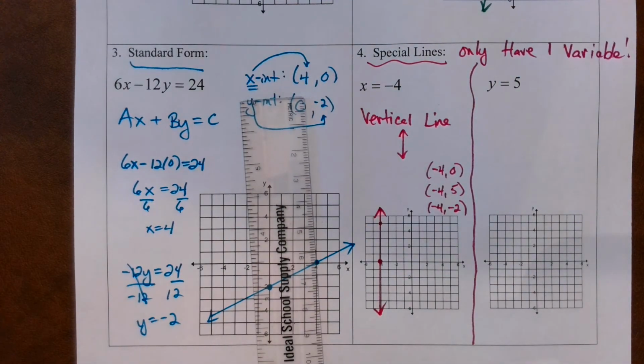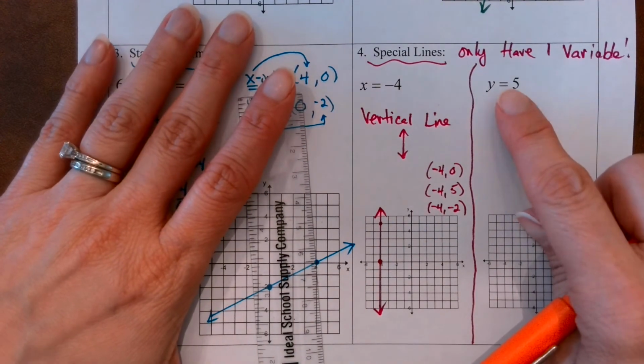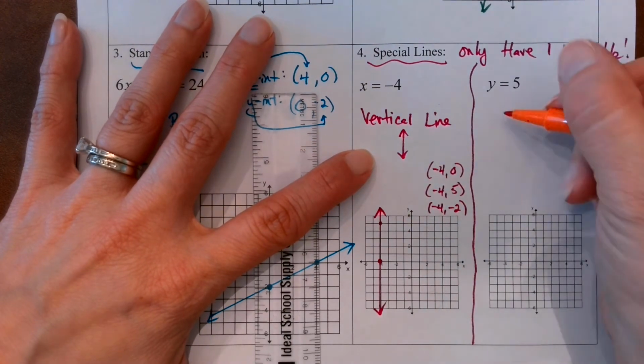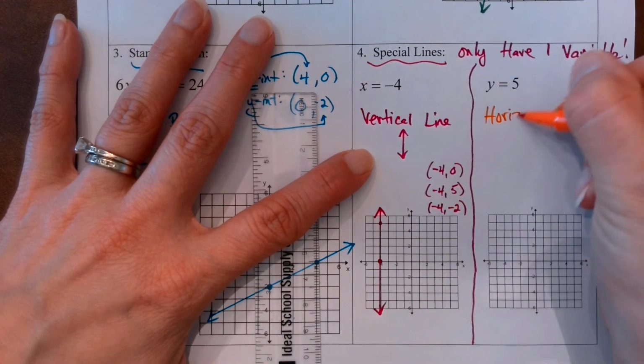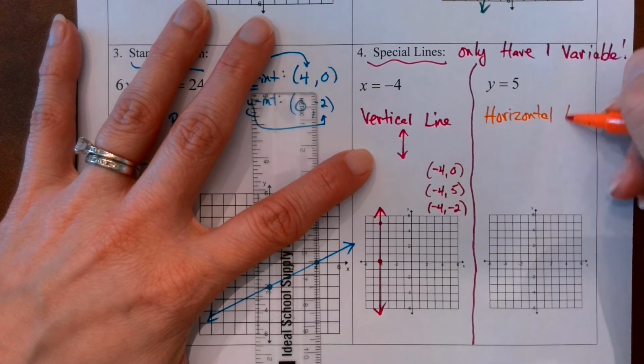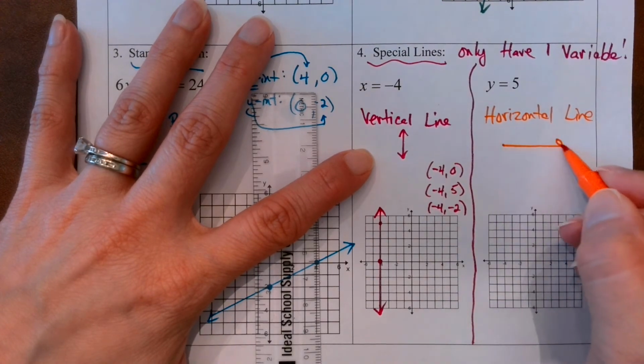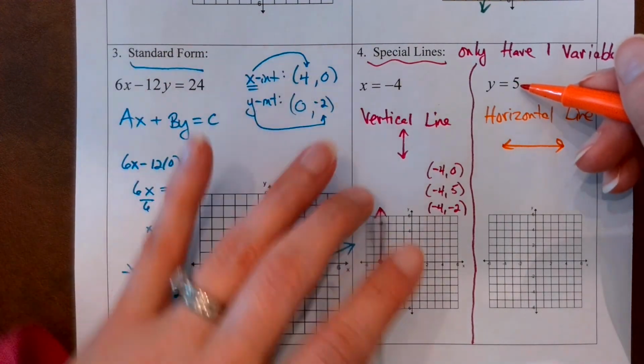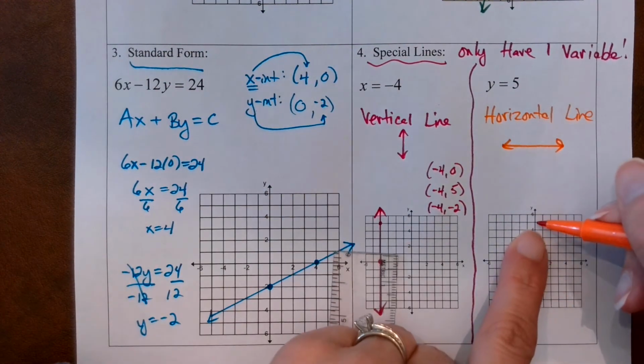And then you can graph a bunch of points where the x's are all -4 and you're going to get it that way. And then the last type of special line is when it's just a y. If you only have one letter, you're not going to be a diagonal. These lines are horizontal. A horizontal line looks like this, like the horizon. So we're going to go to the y-axis at 5.